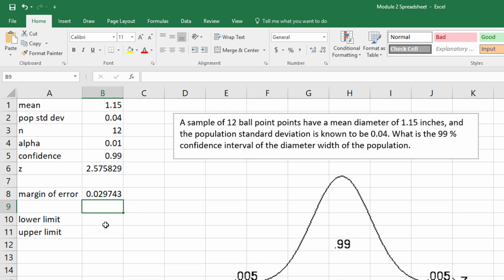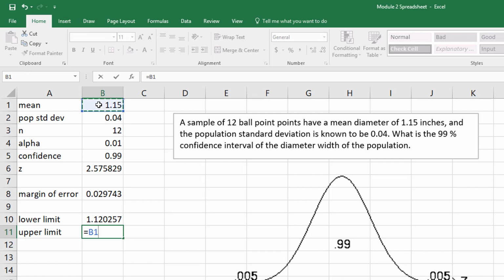So then down here, my lower limit is going to equal the mean minus my margin of error. And next, the upper limit is going to equal the mean plus my margin of error.